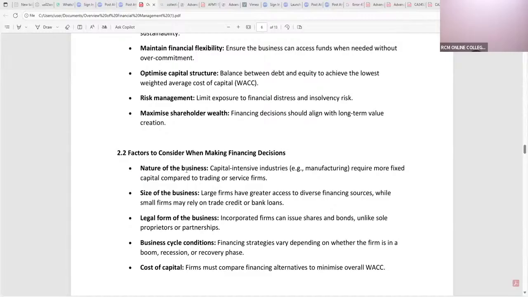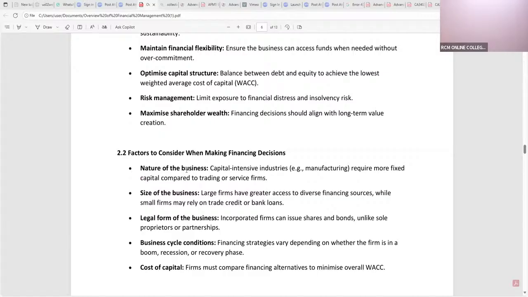What do I have to consider when making a choice between debt and equity? Ladies and gentlemen, I'll consider so many things. I will consider the macroeconomic factors like the interest rates. When interest rates are very high, I'll be able to go back and tell my shareholders, no, please give us money, give us equity.